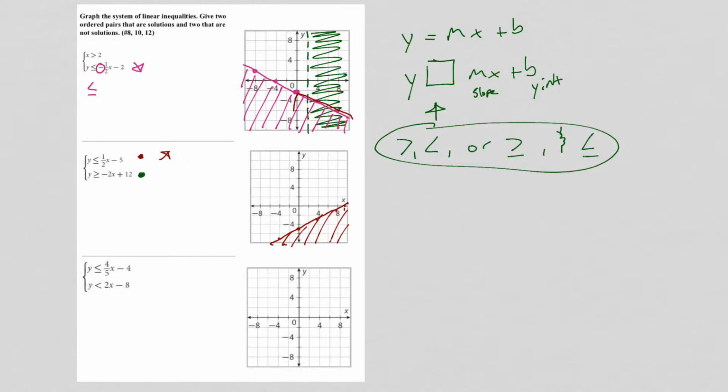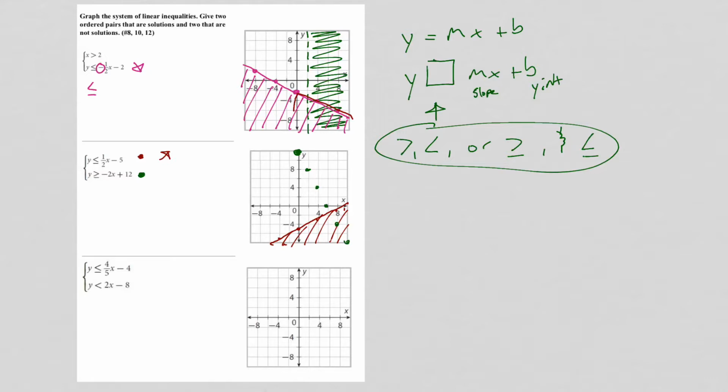And now let's do this one. We're going to start at positive 12, which is way up here. And this has a slope of negative 2. And so I'm going to go down 2 over 1, or down 4 over 2. So that's going to be like here, here, here, there, and there.